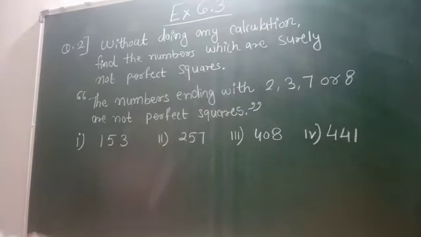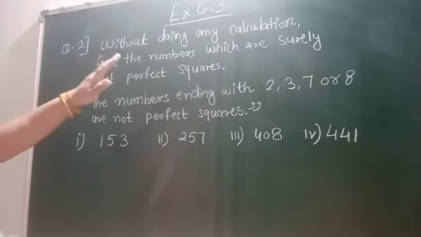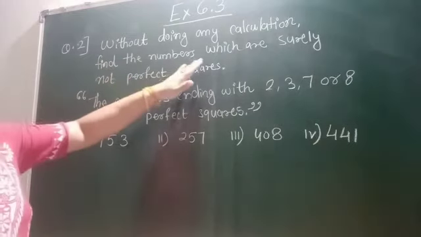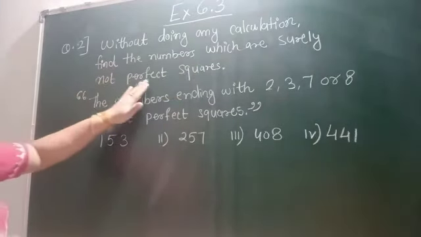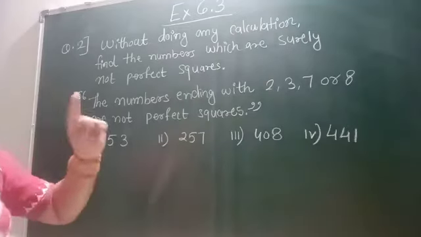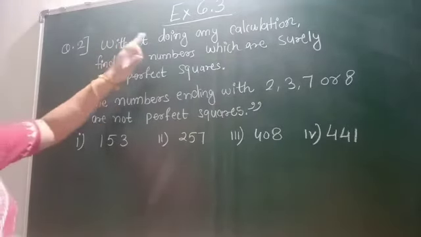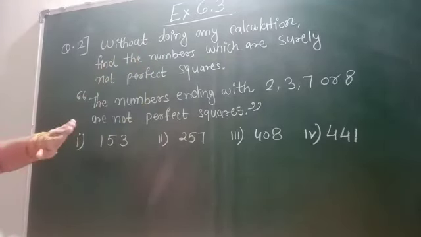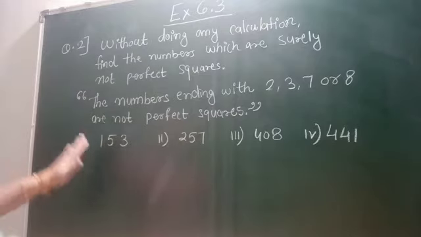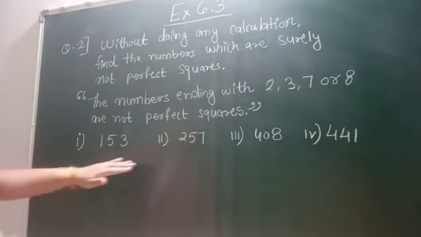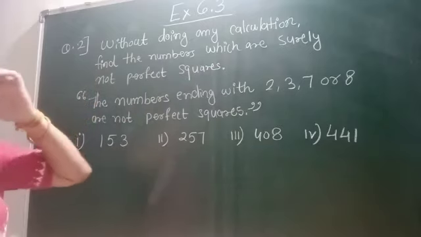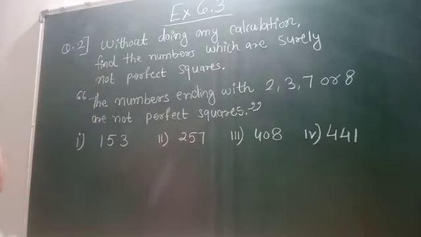Question number 2 of this exercise is, without doing any calculation, find the numbers which are surely not perfect squares. Once again read the question, students. Without doing any calculation, we have to find which of these 4 numbers are surely not perfect squares.